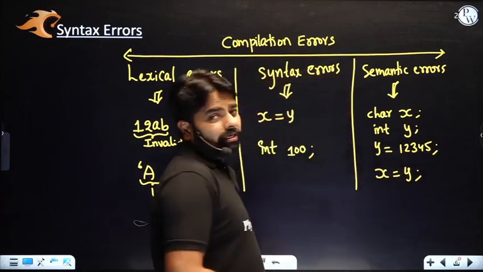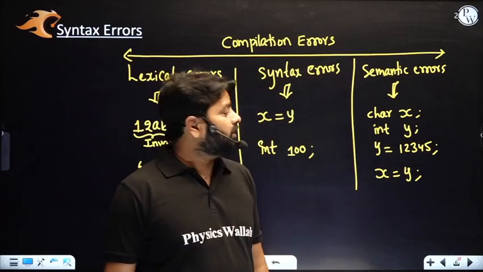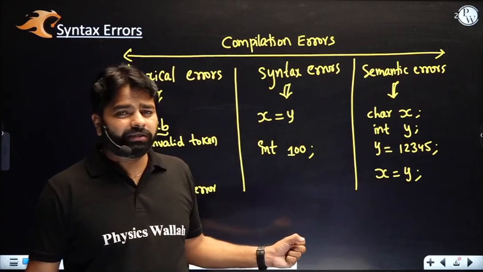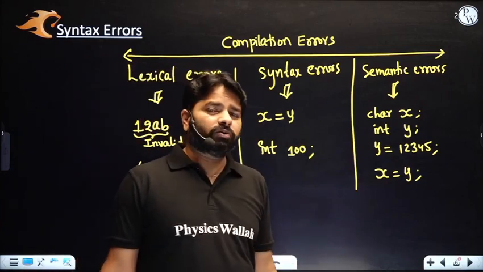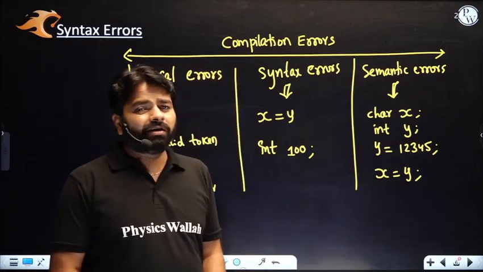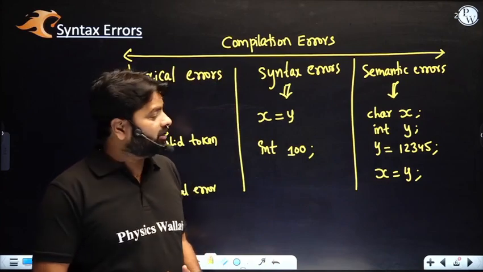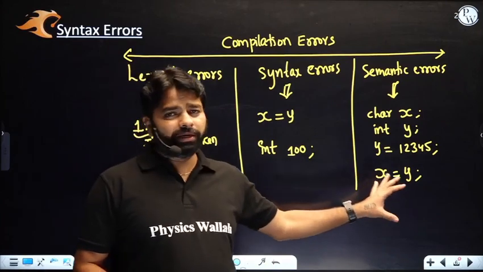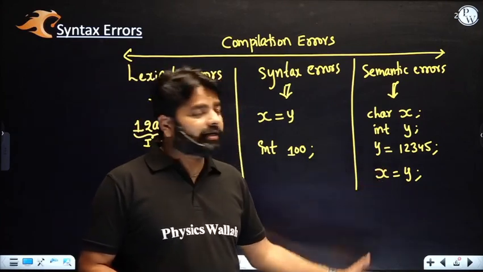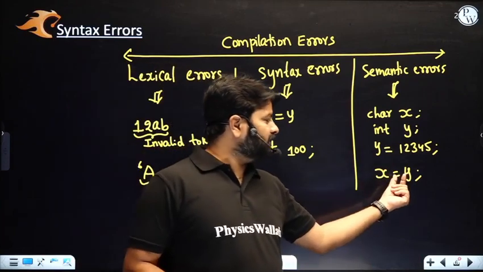Then definitely y is 2 or 4 bytes, and now you are trying to convert it into 1 byte. The compiler may produce an error. Some compilers will deal with it by truncating the 2 bytes into 1 byte. That is okay, but there is a possibility of a semantic error as the types are mismatching here, y and x.